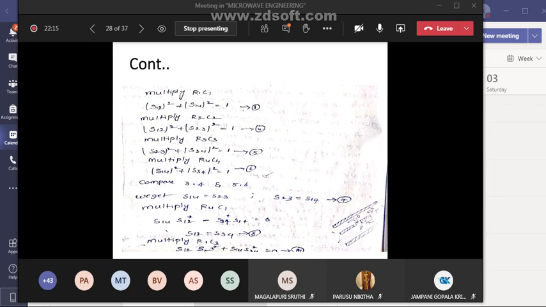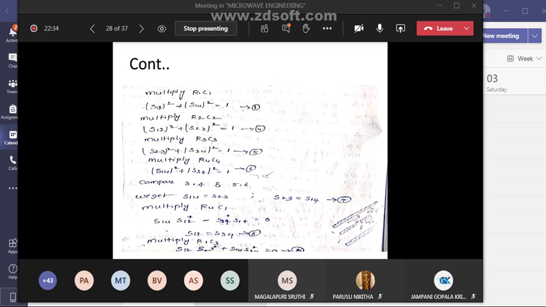So here compare 3 and 4 equations and 5 and 6 equations. From 3 and 4, S14 equal to S23. Okay, so if compare these 3 and 4 equations, then we get S14 equal to S23.